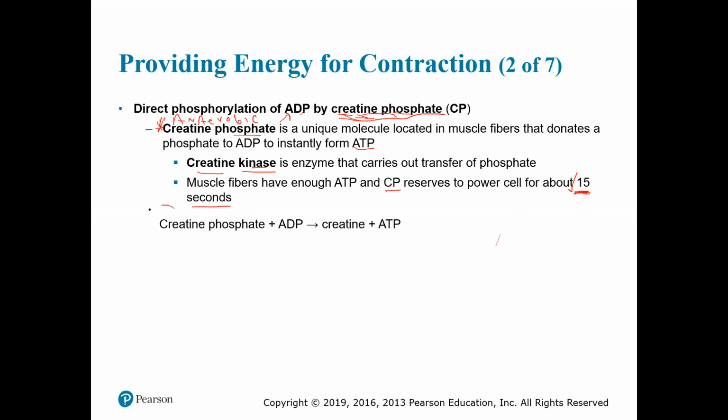All right, so here's the basic formula for that, and the creatine kinase does this. The byproduct is creatine, so your kidney has to deal with this, right? And hopefully it will recycle it, and it'll make more creatine phosphate for the skeletal muscle we're talking about.